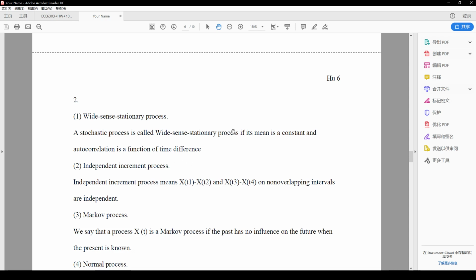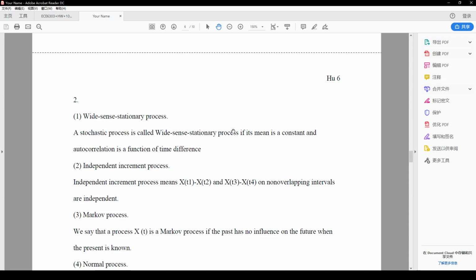In this process we only consider the mean and autocorrelations, so in practice they are much easier to get than the second order density. Based on the mean and the autocorrelation function, we can do many things already.